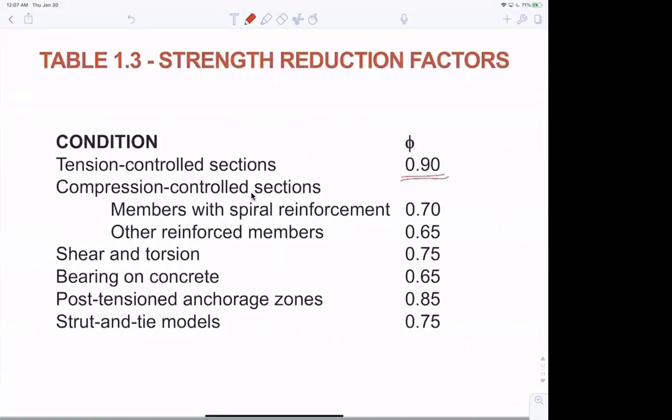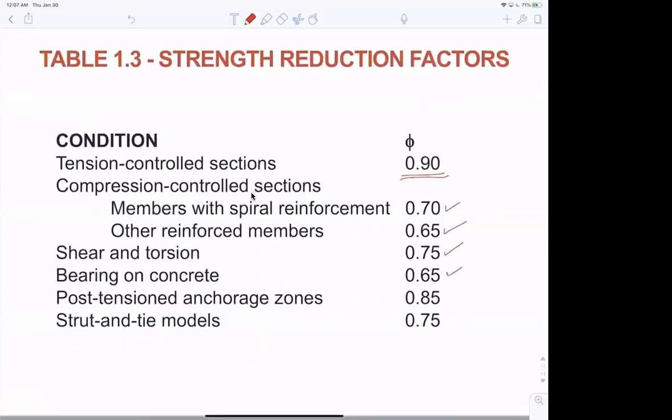It's just barely less than 1. If it's compression controlled, you can only count on 70%. If it has spiral reinforcement, we'll talk about what that means, typically it's only 65% you can count on. Shear, 75% you can rely on.